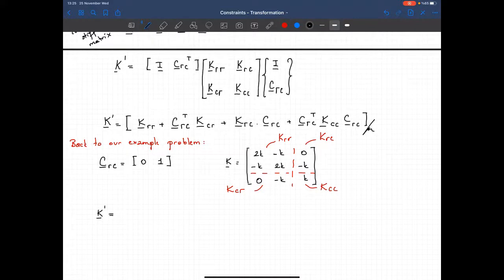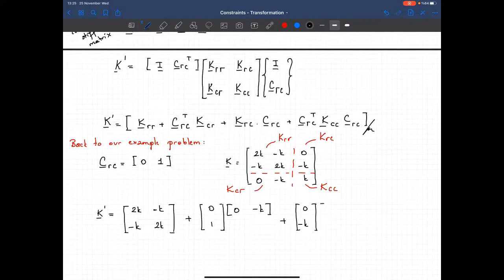Let me write KRR now: 2K, minus K, minus K, and 2K, plus CRC transpose, which is equal to 0 and 1, multiplied by KCR, which is 0 and minus K, plus KRC, 0 minus K, multiplied by CRC, 0 1, plus 0 and 1 here multiplied by K multiplied by 0 and 1.